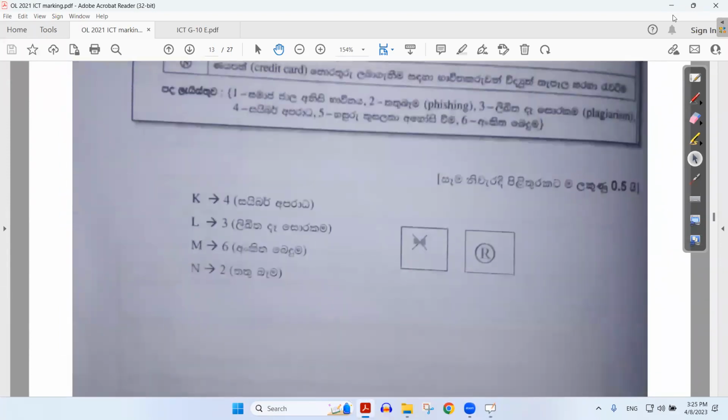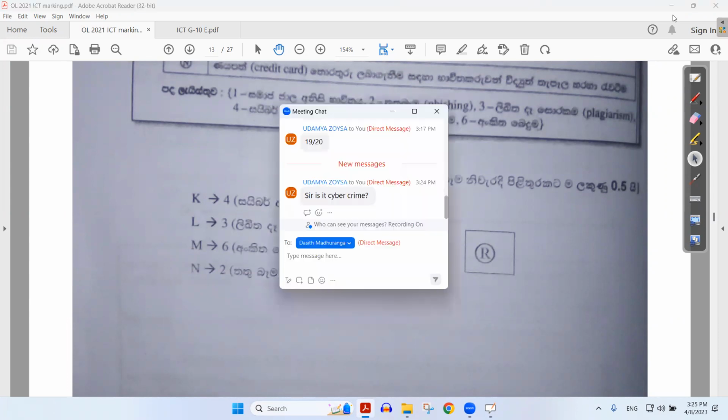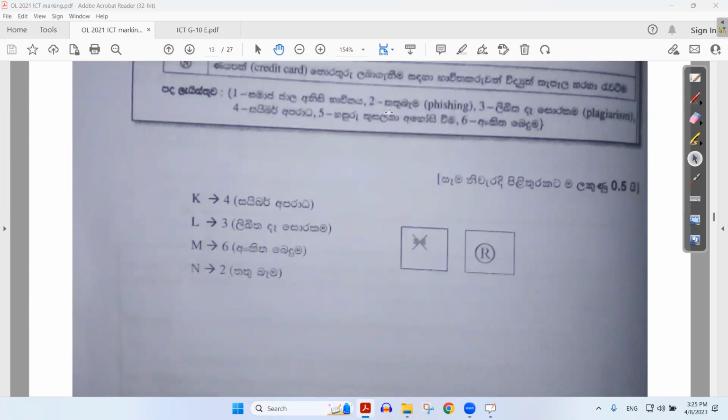Yes, K is 4, L is 3, M is 6, N is 2. Yes, Udamya, as you suggested, it goes like that. So you can take 2 marks if everything is correct. Otherwise, you have to deduct 0.5 for each and every incorrect answer.